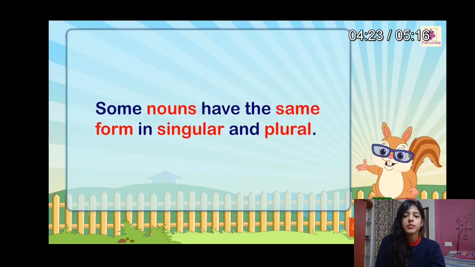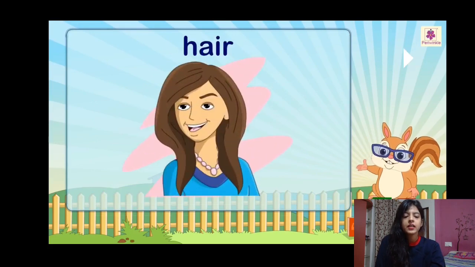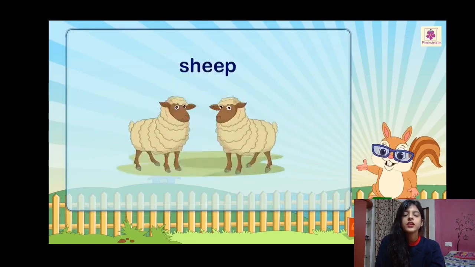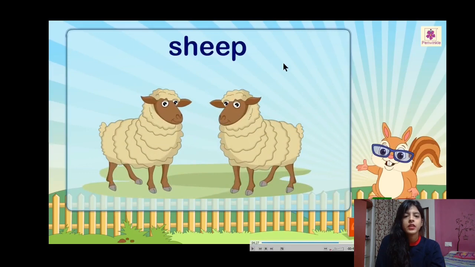Let's see some examples. Like sheep. We can say one sheep, and we can say many sheep. We can say one fish or we can say many fish. The noun is the same for singular and plural.